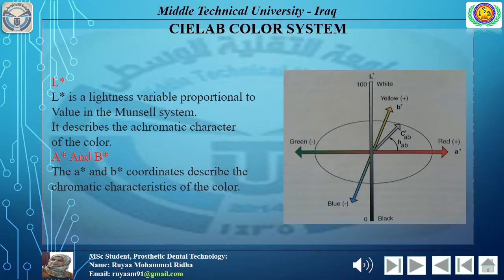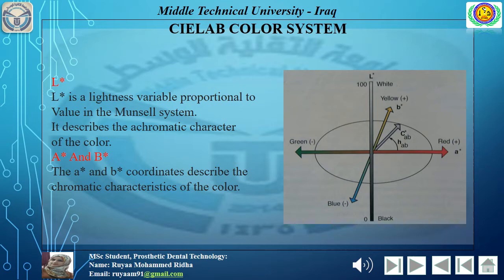As mentioned previously, in the CIELAB system, there are three coordinates: L, A, and B. Here I explain the meaning of each coordinate. The L coordinate is the lightness variable proportional to value in the color system, while A and B coordinates describe the chromatic characteristics of the color.